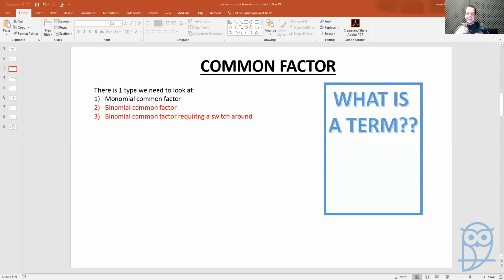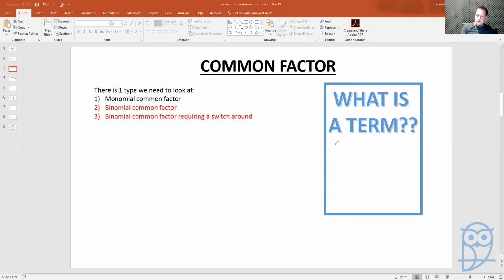So does anyone know what a term is? You can type it into the chat bar for me. So what do you believe a term is? All right, so what is a term?